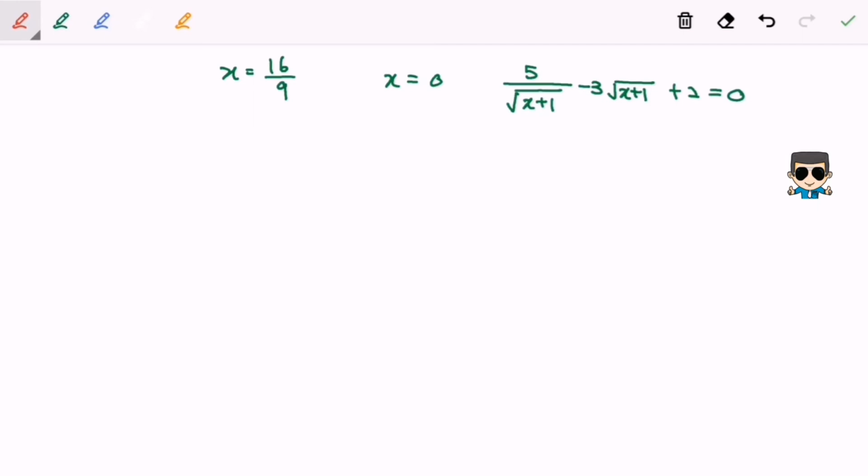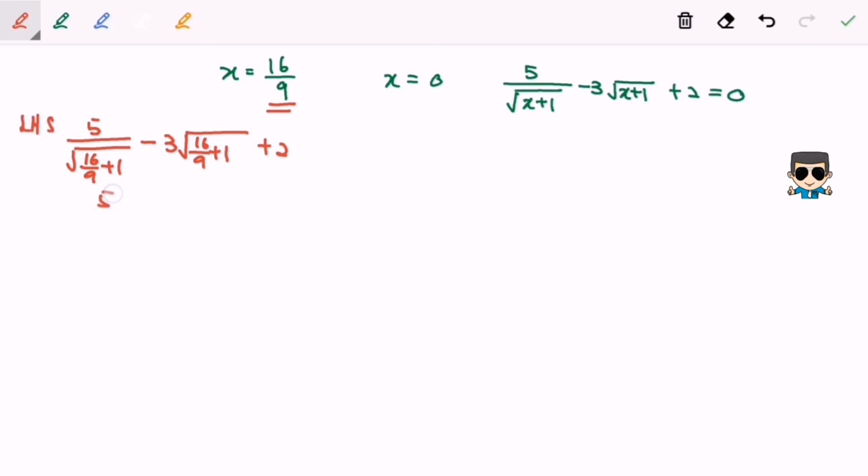So now I'm going to check x equals 16 over 9. By substituting the value, for the left hand side we have 5 over the square root of 16 over 9 plus 1 minus 3 times the square root of 16 over 9 plus 1 plus 2.